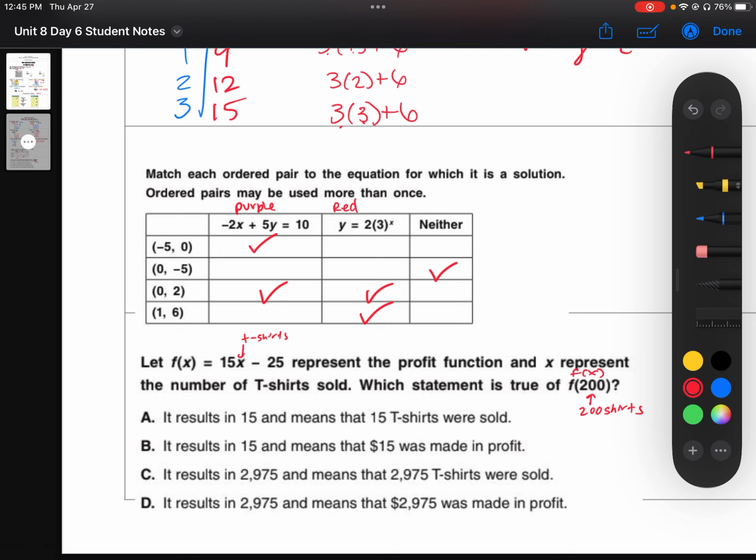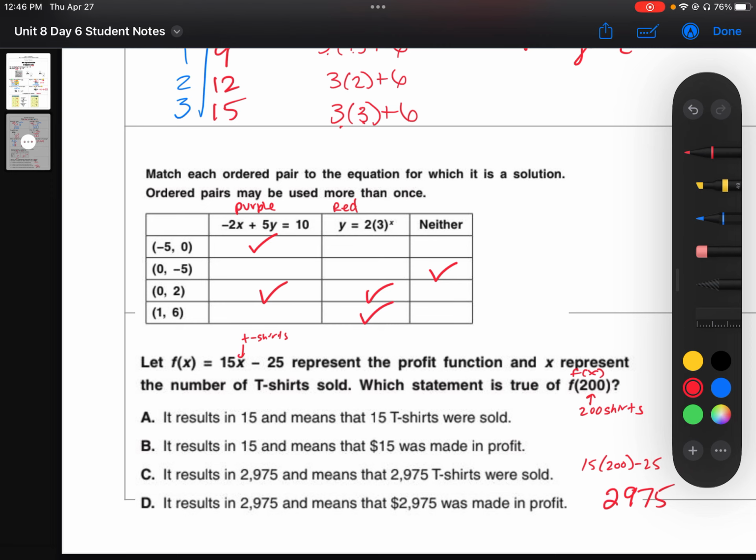So we're saying when I sell 200 shirts, what happens? So plug in 200. So 15 times 200 minus 25.